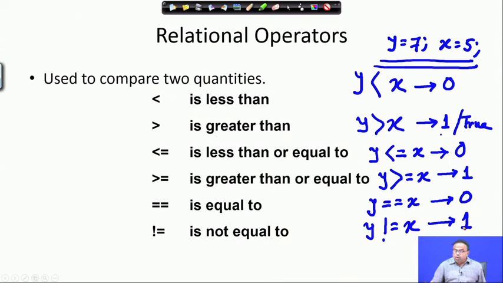Okay. So, what we could observe is we can form expressions using relational operators, but these expressions only return the values true and false.